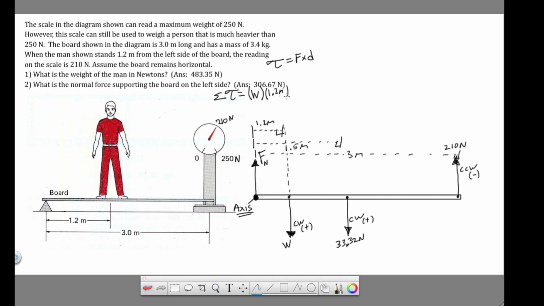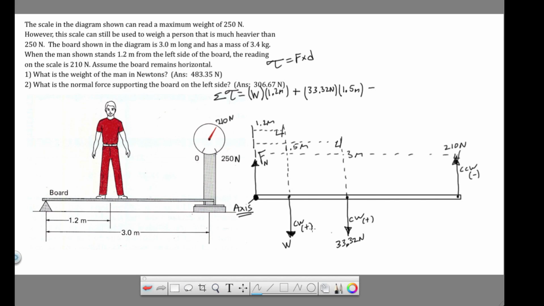So we have force times lever arm. Okay, plus the next torque, the force is 33.32, that's the weight of the board, and the corresponding distance, the lever arm, is 1.5, and those are perpendicular.